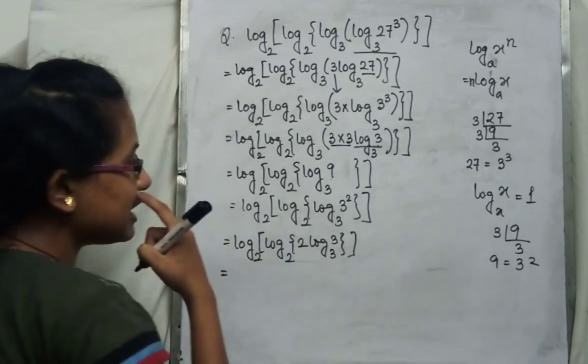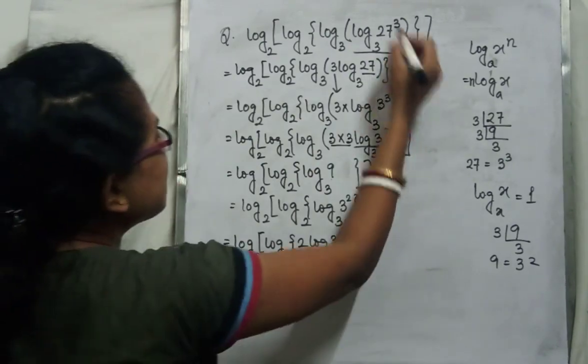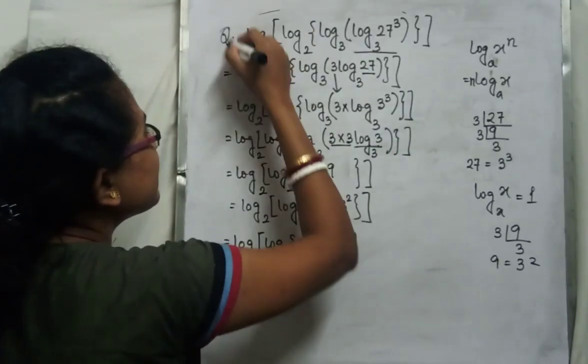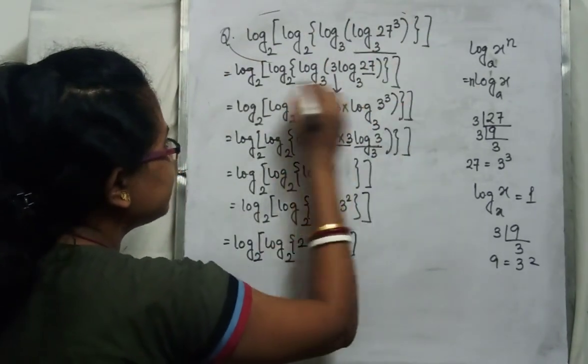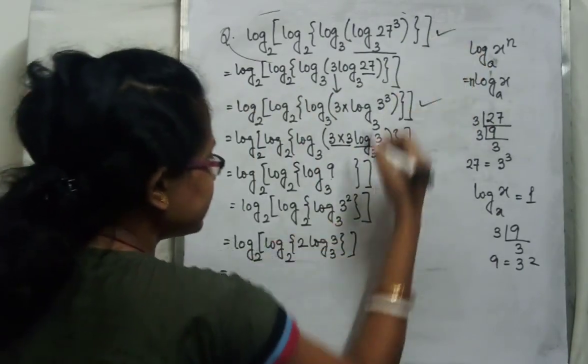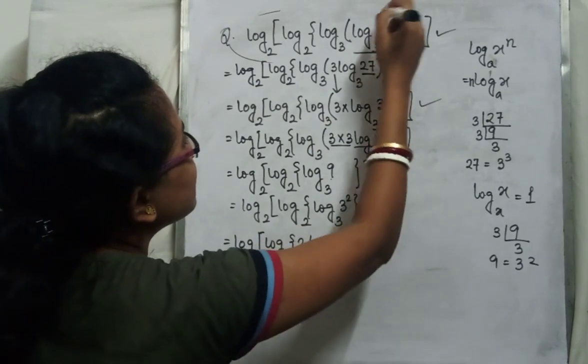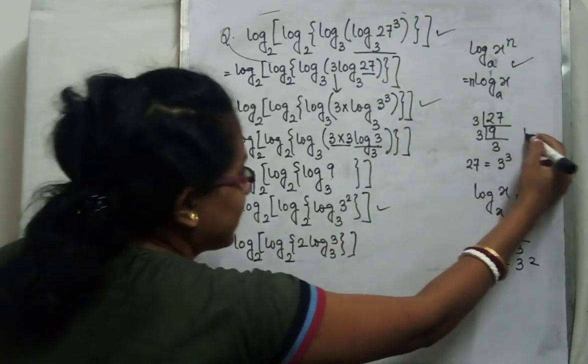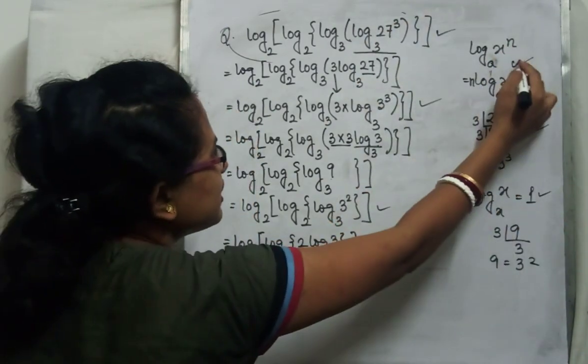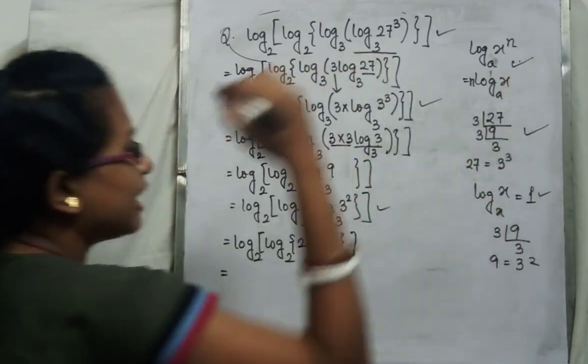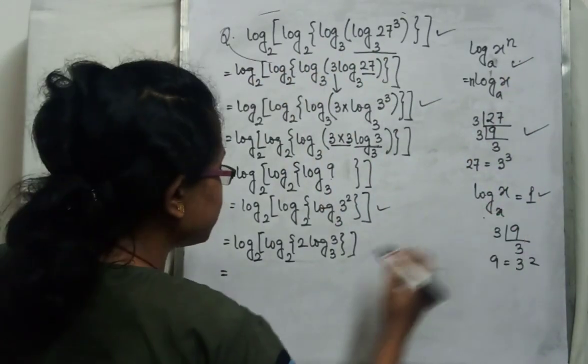Again you can see, this is the same step repeating itself: factorize, use this formula, and apply these rules.